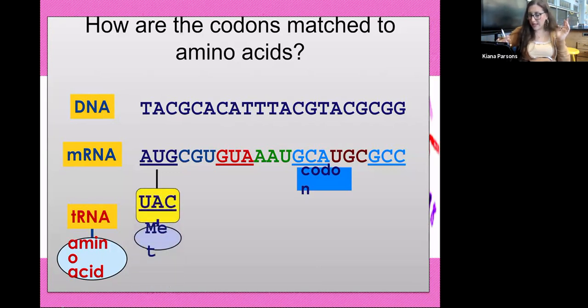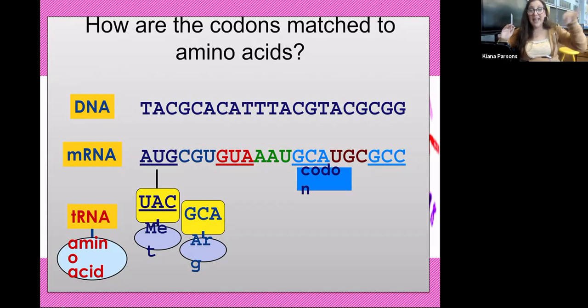And it sort of looks like this, right? So it is using an anticodon, which is the opposite of the mRNA sequence. So you can see there, AUG is UAC. It is still RNA, so there's no thymine, but it is the antithesis to the mRNA sequence. It is the opposite.